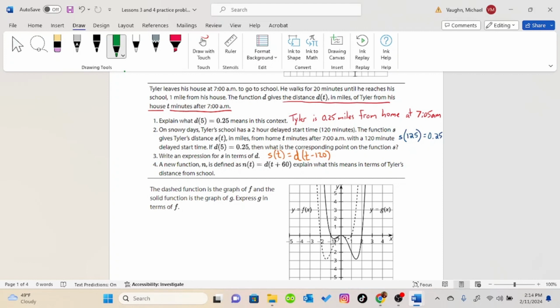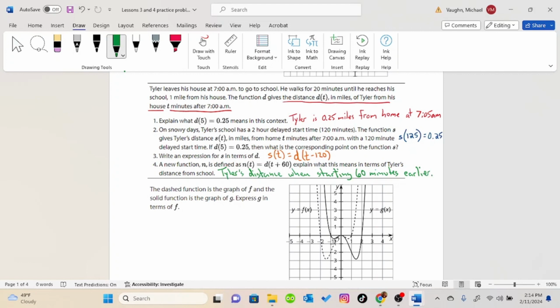So this would mean Tyler's distance when starting 60 minutes earlier.